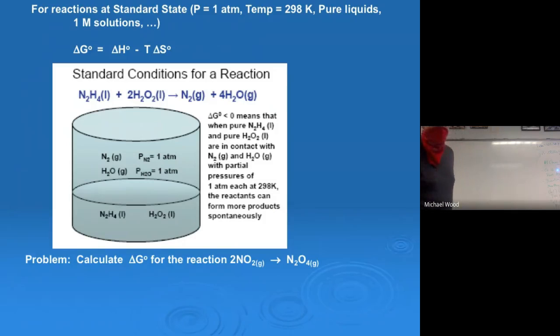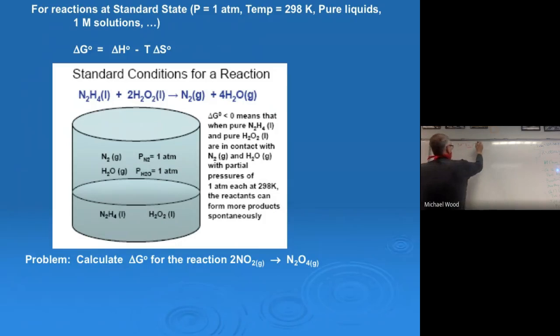So here's the reaction. I'm going to write it on the board for myself. Here is the delta H0 in kilojoules per mole.